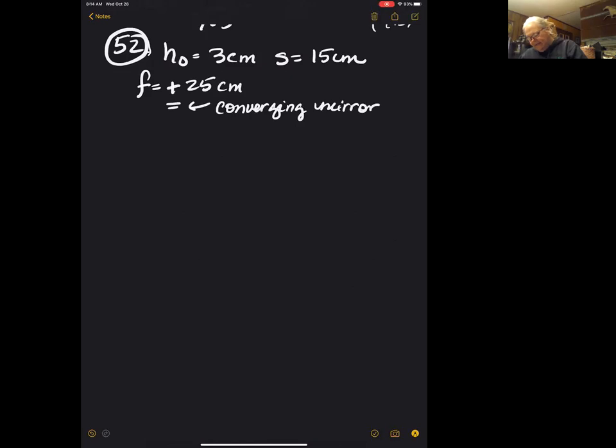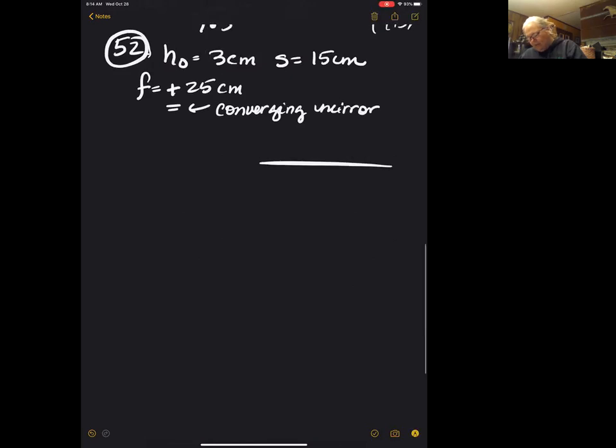Okay, so basically, if I just draw a sketch of the problem, there's my mirror. My focal length is outside, right here. And my object, excuse me, is right here. So this is S. Now, if you go to the ray tracing video, I talk about what happens when you're inside the focal length or outside the focal length.